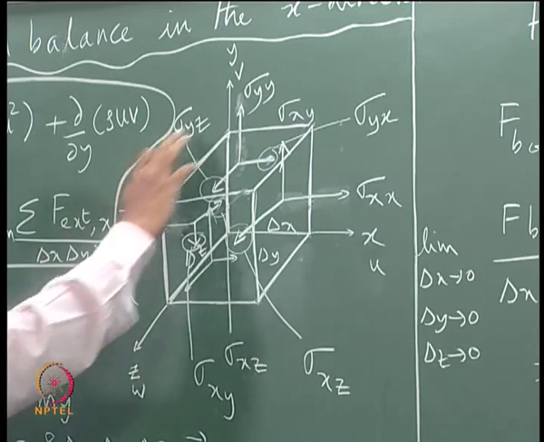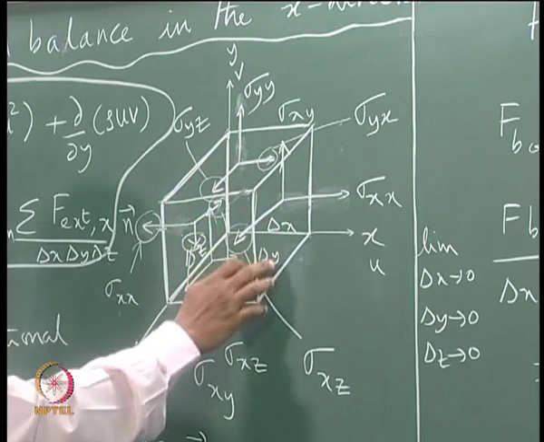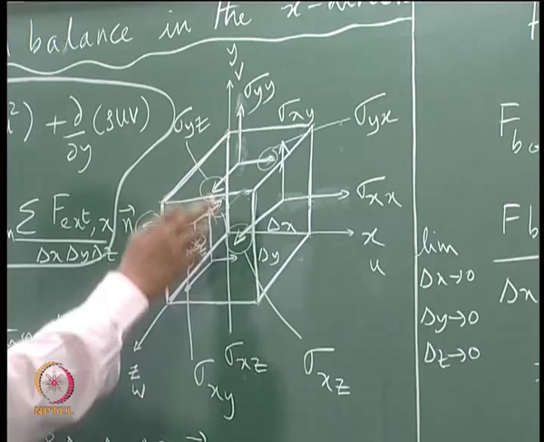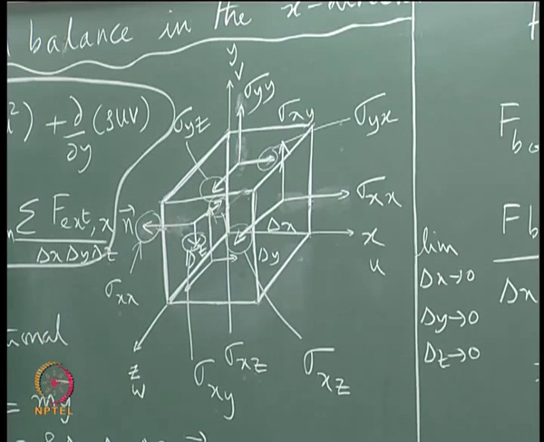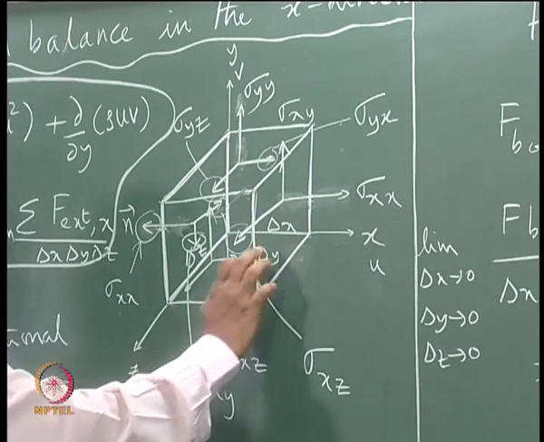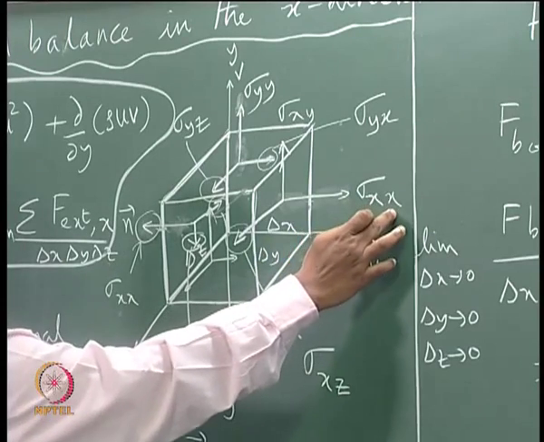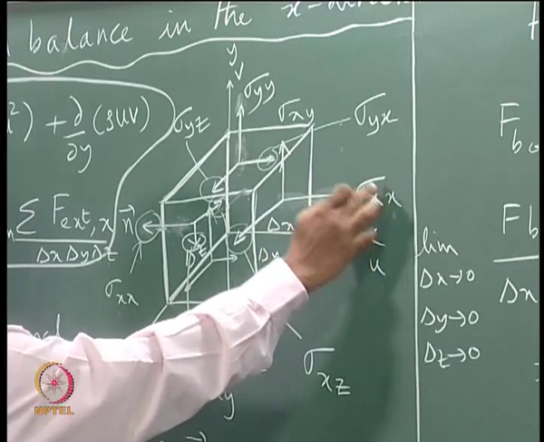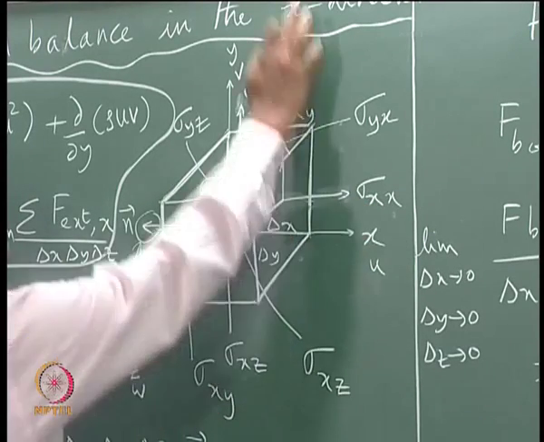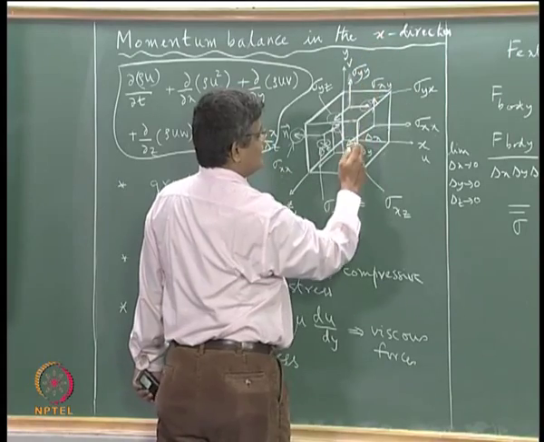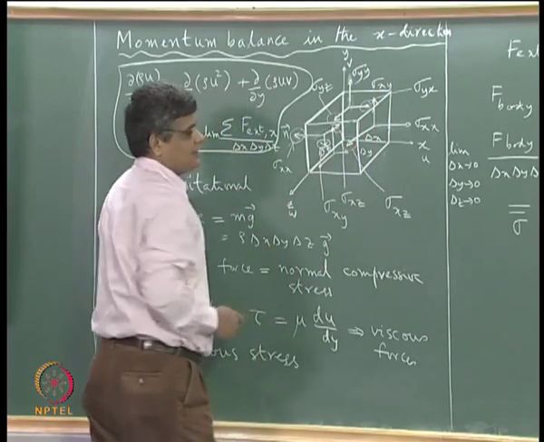So we can see that we have 3 positive faces and 3 negative faces. On the positive face, the 3 stress components act in the positive directions of the coordinate axes, like sigma xx in the positive x direction, sigma xy acting in the positive y direction, sigma xz acting in the positive z direction.